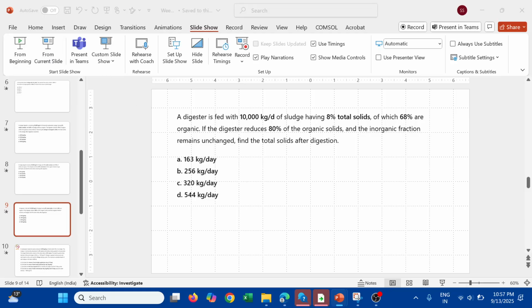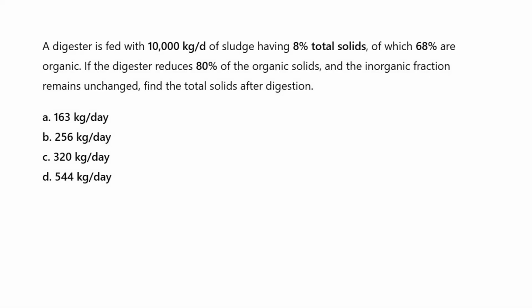Okay, let me just do the calculation. 10,000 into 8 divided by 100, that is 800, into 0.8 into 0.32.